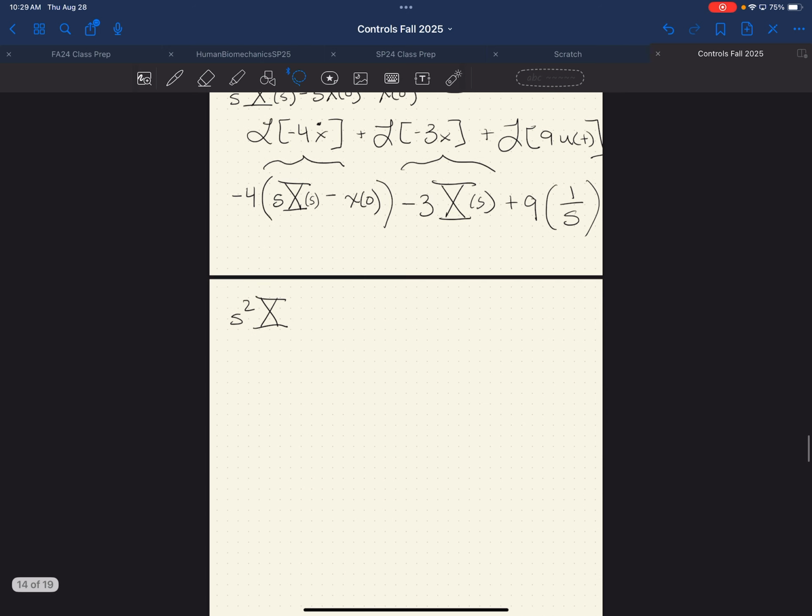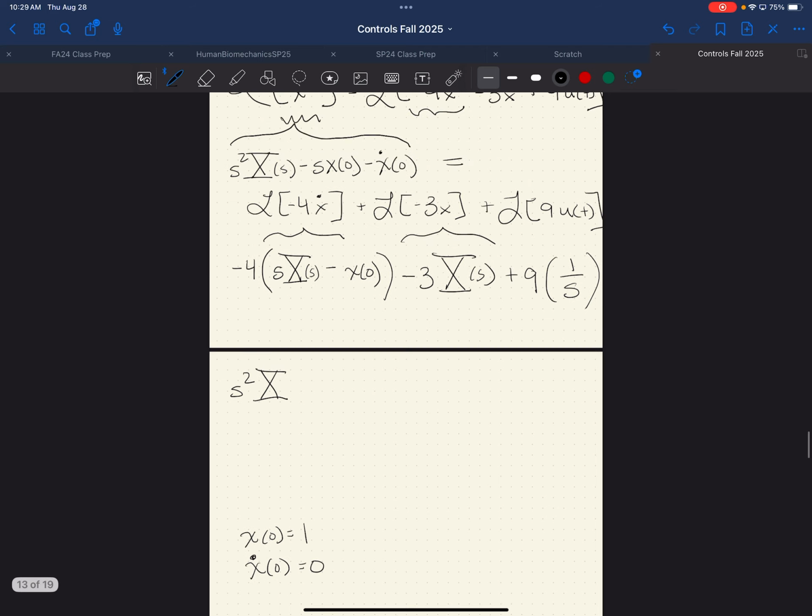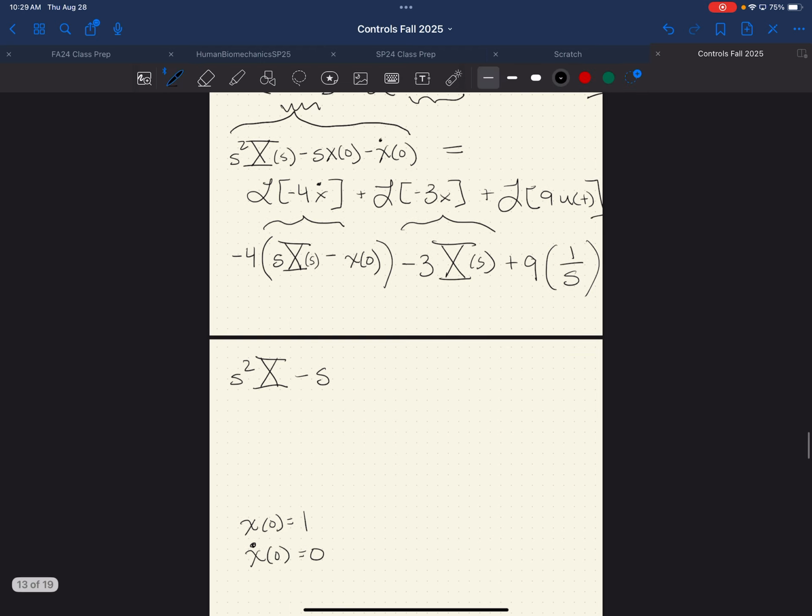Okay, so minus s times x of 0, which is 1, so our s stays there, minus x dot of 0, which is 0, so that goes away. So minus 4s big X, x of 0 is 1, minus 3 big X, plus 9 over s.